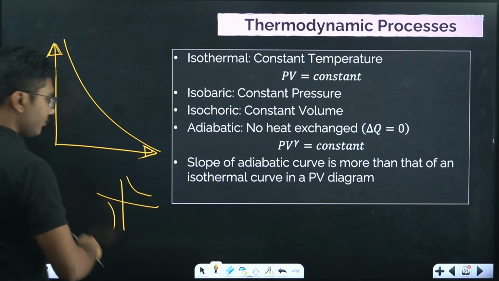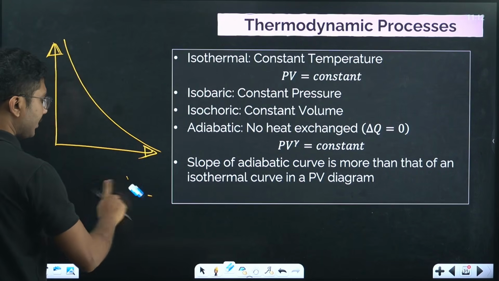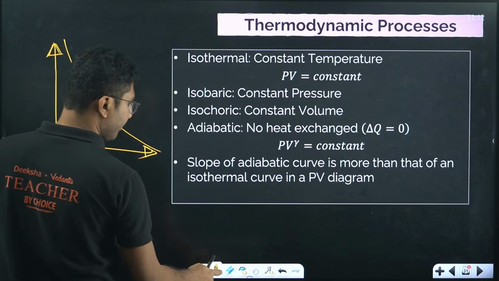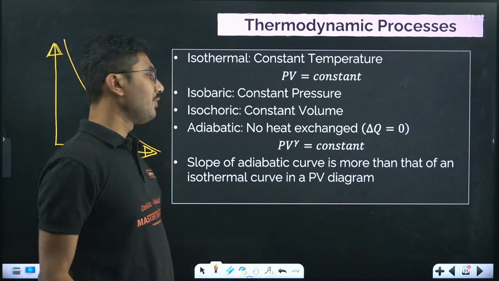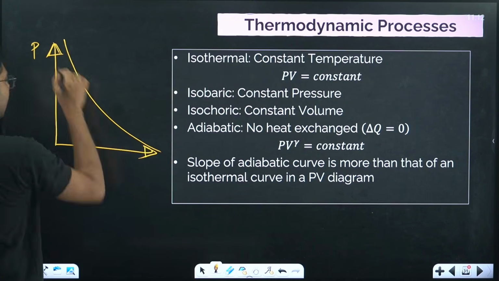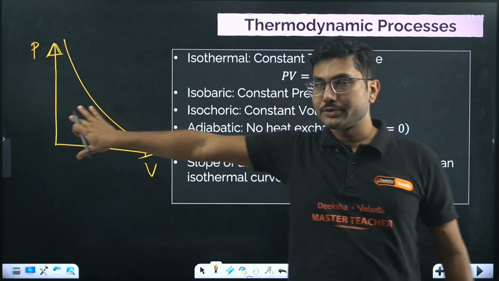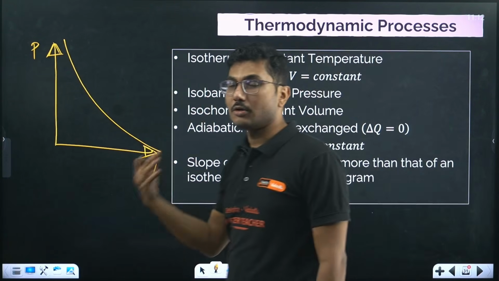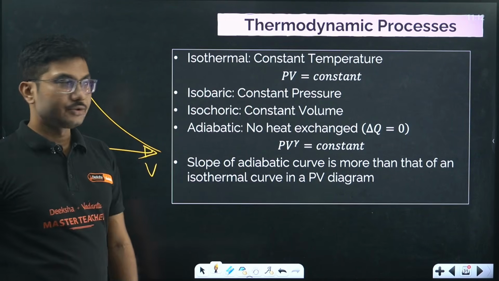The second, third and fourth quadrants are not there because pressure and volume are always positive. This is called a PV diagram. A PV diagram can be anything, but for isothermal process the graph looks like this. For any other process it may not look like this.